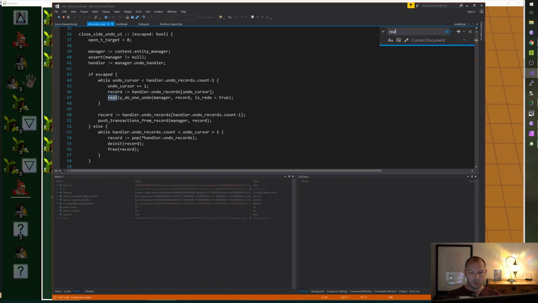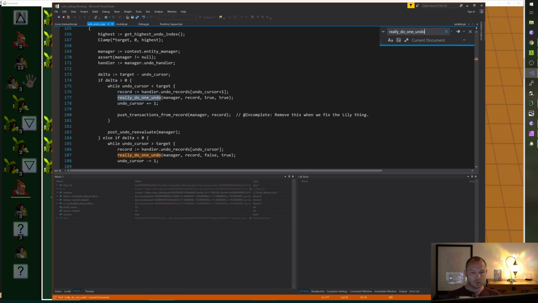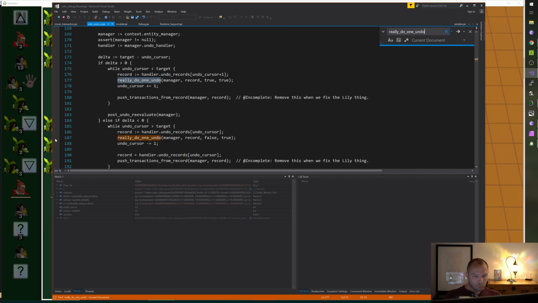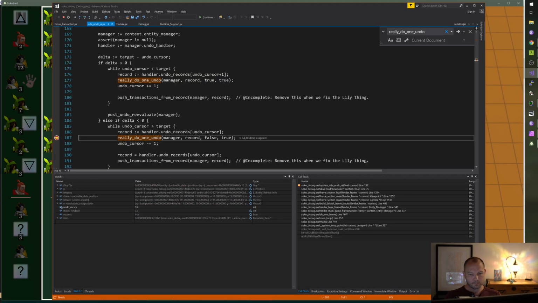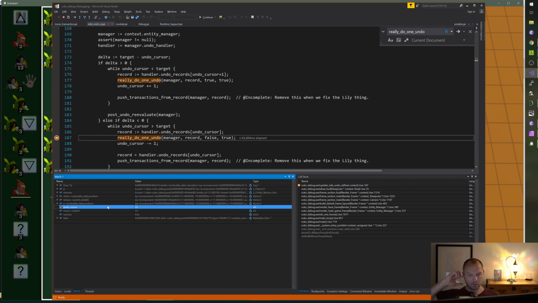So if we go to really do one undo, it's going to be this one, and that's going to fire when I push up. Okay, so what's undo cursor? It's 33. Am I saying undo cursor -1 or something down in the other place?